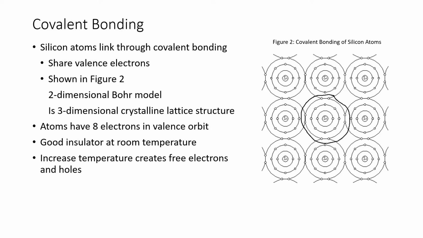So this particular silicon atom here has 8 electrons in its outer orbit, as do all of the atoms in this structure. And what this does is it really creates a fairly stable material, because atoms are again stable if they have 8 electrons in the outer orbit.